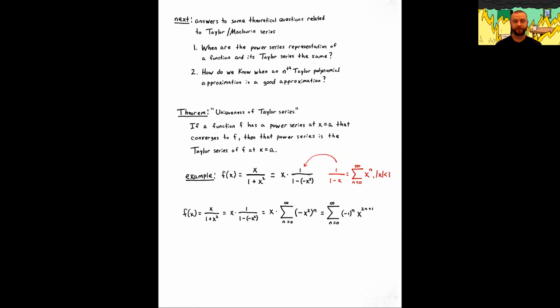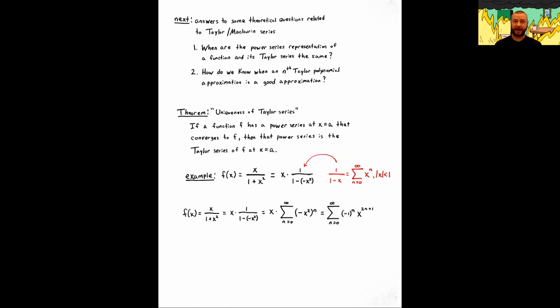So if we plug that in to what we've been calling the geometric series, we get this power series representation. There's a factor of x in front of the summation. And then within the summation, we have negative x squared all raised to the nth power.